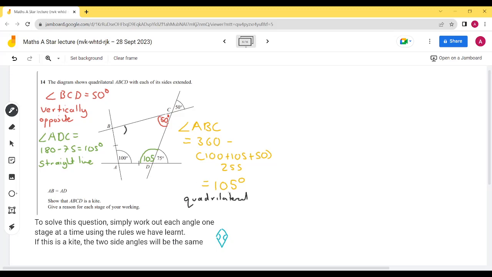So now we've done all of these angles, we can say angle ABC equals angle ADC, and therefore this is a kite because the side angles are the same.